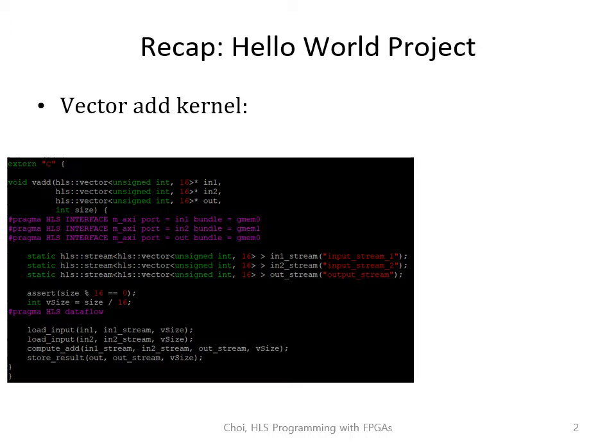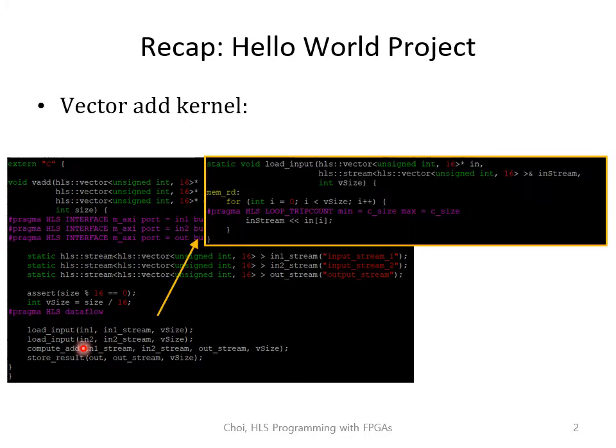It turned out that the Hello World project was just a vector add kernel, but somehow it was programmed in a little bit complicated way. It has a separate function that reads in1 and in2. And if you go into these functions, it's just a for loop that does data copy.